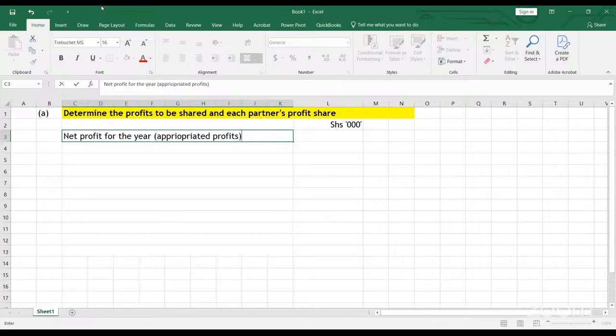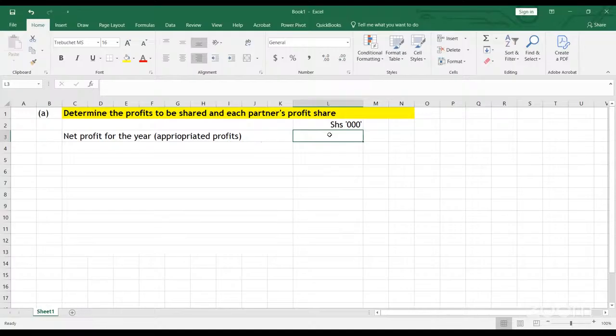The profit figure is already given. Check the question I've shared. Annette, how much are the profits appropriated in the additional information? 4,490,000.